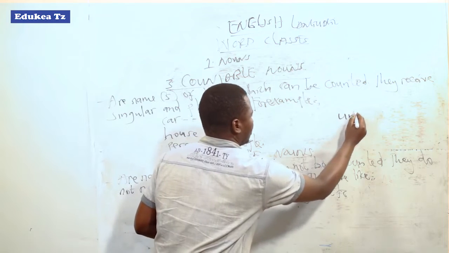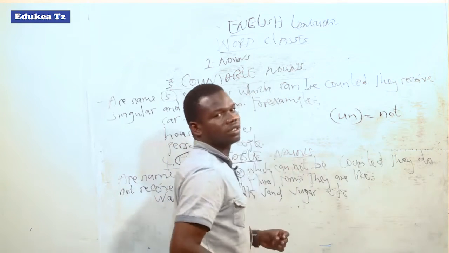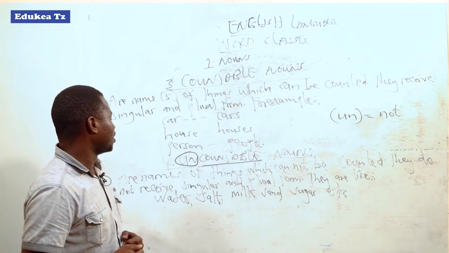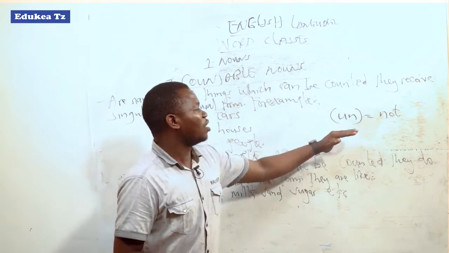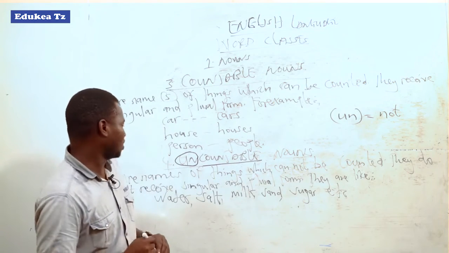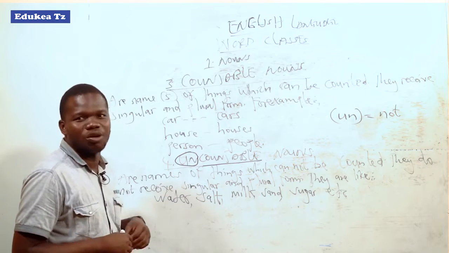An is equal to not. So once we say uncountable nouns, in the simplest way, that is to say not countable nouns or non-countable nouns. That is to say, names of things which cannot be counted.